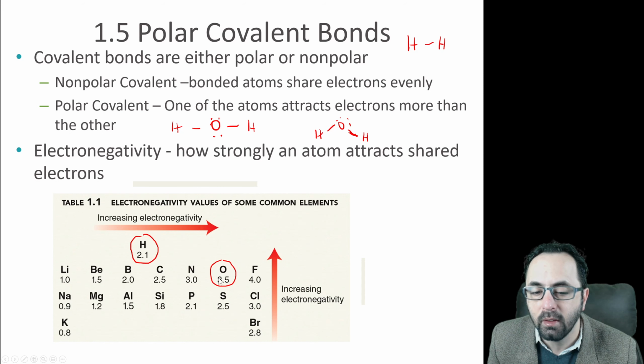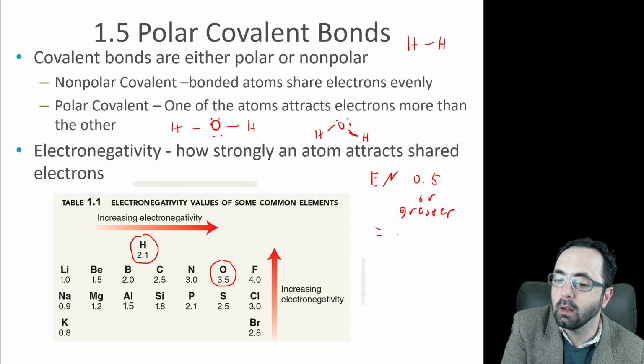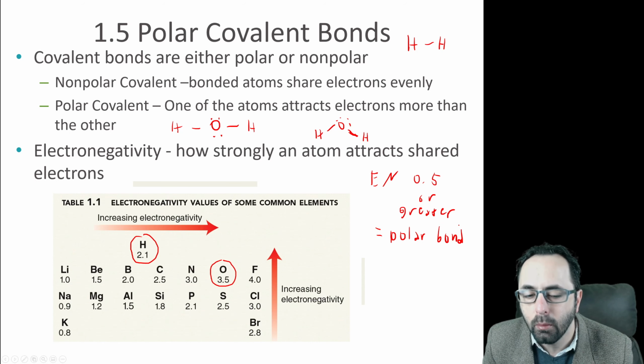We look at the difference here, and if the electronegativity difference is 0.5 or greater, that is considered a polar bond. If the electronegativity difference is lower, really what that means is that it's less polar.